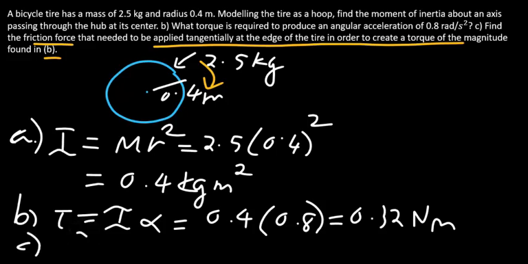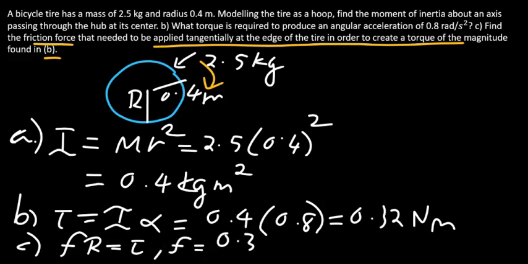So the frictional force, let's call it F, times the radius of the tire, which acts as a moment arm, would create the needed torque. So F times R is the torque, which is 0.32 newton meter. The radius we know to be 0.4 meter, and that's going to give you 0.8 newton as an answer for the friction. That solves the problem.